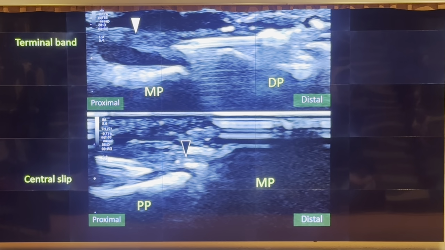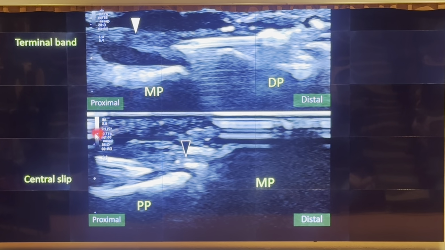If I want to perform an injection for the terminal band, I like to inject from the distal to the proximal side, just above the nail. It will be very painful, so you can perform a nerve block first and then perform the injection with PRP. Why? Because above it you can see this is the artery, so do not inject there. So for the terminal band, I like to inject from the distal to the proximal side.